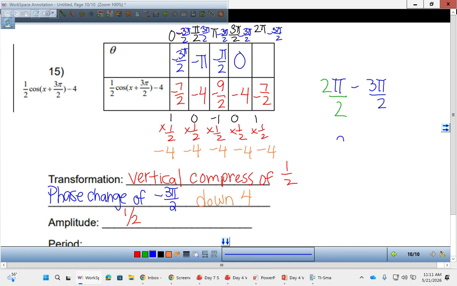If I'm doing 2 pi minus 3 pi over 2, I need a common denominator, so I'll give this a 2, which means I've got to give this a 2. So this ultimately becomes 4 pi minus 3. So 4 minus 3 is 1 pi, and then the denominator stays the same.